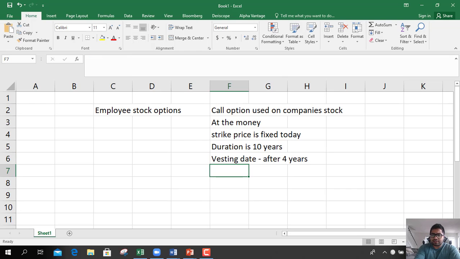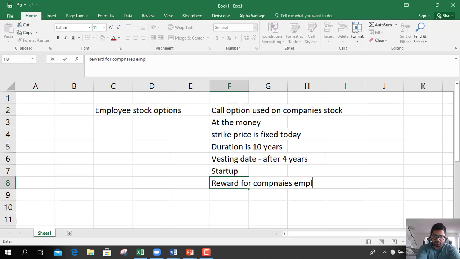They are mostly issued by startups, but big companies also issue them. And they are a kind of reward for the company's employees.